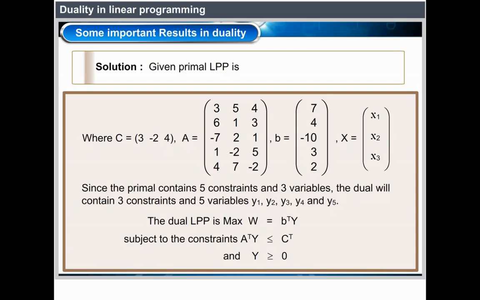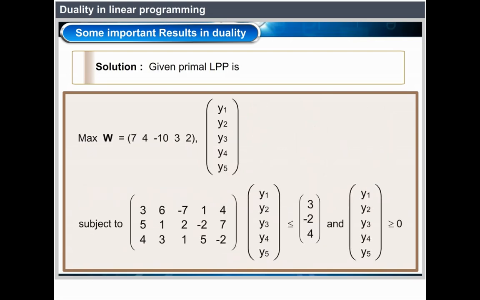y3, y4 and y5. The dual LPP is maximize W equal to B transpose into Y subject to the constraints A transpose into Y less than or equal to C transpose and Y greater than or equal to 0.